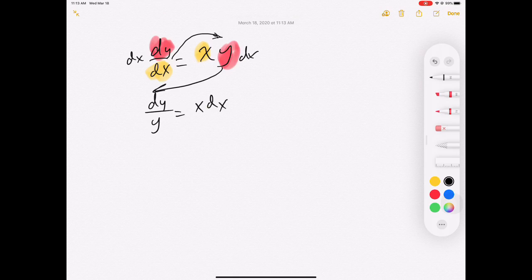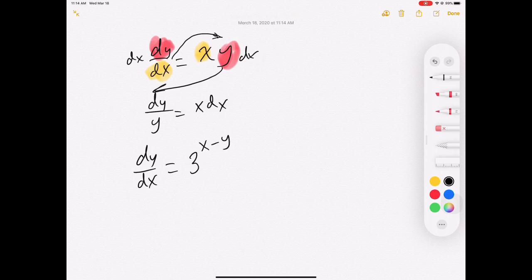What about if we had exponents? A popular one that you see oftentimes is dy over dx is equal to, I'm making this up, 3 to the x minus y.